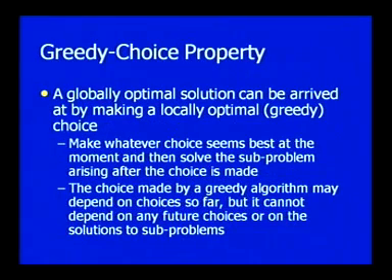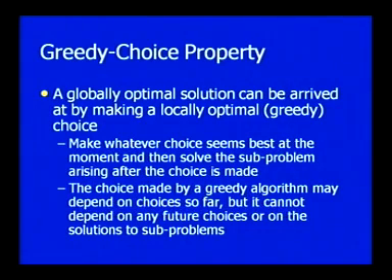I was telling you that for many problems this approach would work. So, we are making the choice that seems to be best at the present moment, and then we are trying to solve the sub problems. The choice made by the greedy algorithm may depend on the choices that have been taken so far, but it cannot depend on any future choices or solutions to these sub problems.